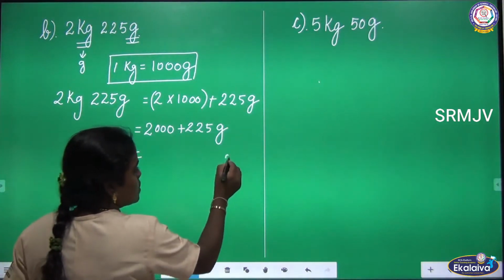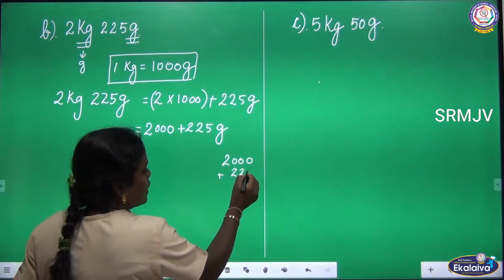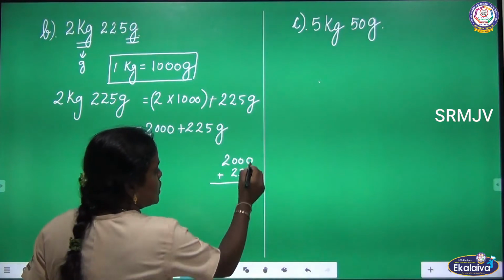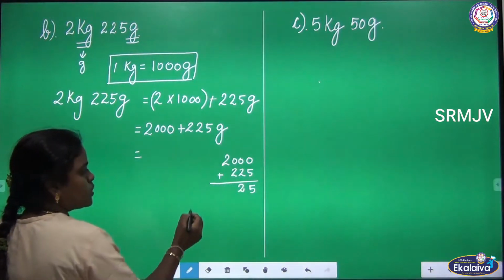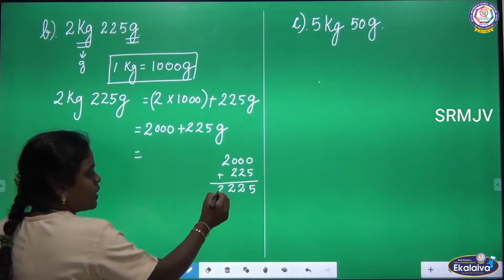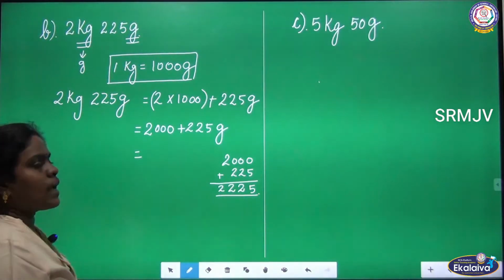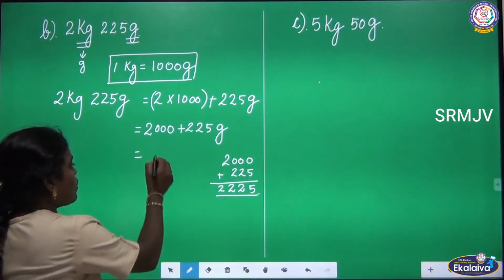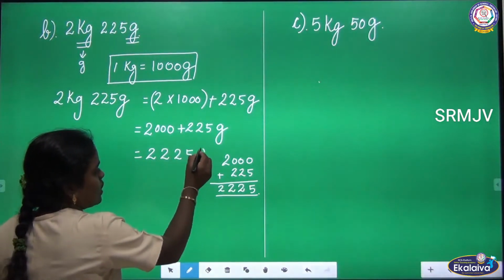Add the numbers 2000 plus 225. 0 plus 5, 5. 0 plus 2, 2. 0 plus 2, 2 again, and write down the 2. So if you add 2000 and 225, you will get 2225 gram.